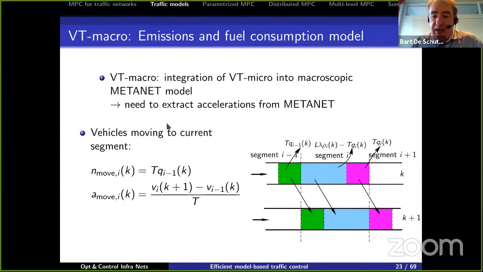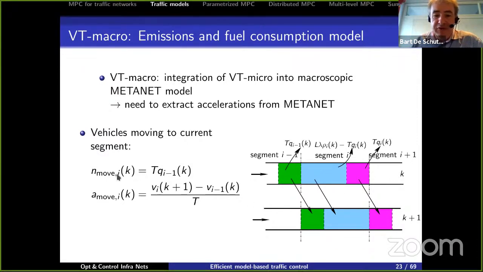To this aim, we actually consider three types of classes of vehicles. So we have in green the vehicles that move from one segment to another, so here from segment i-1 to i. Likewise, we will then have vehicles moving from segment i to segment i+1 if we go from one time step to the next. But there will also be vehicles that stay in the link.